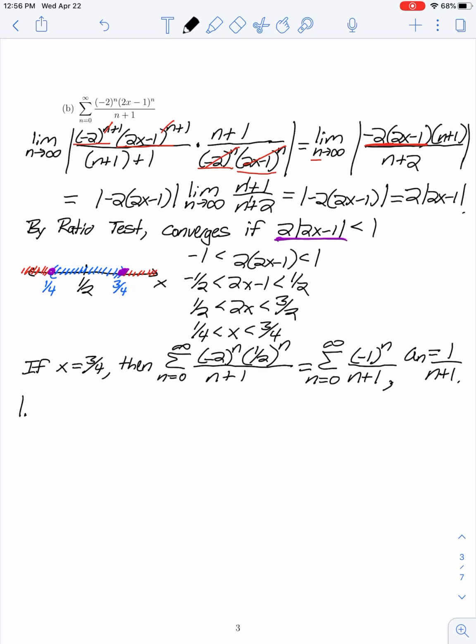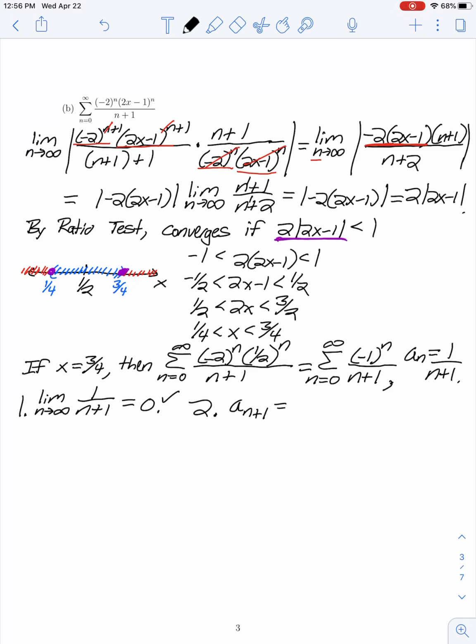The first is that the limit as n approaches infinity of 1 over n plus 1 is equal to 0. Clearly it is, since our denominator keeps getting larger as n approaches infinity.